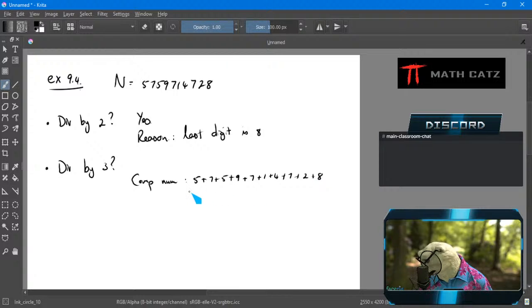I hopefully didn't miss any digit. Add up the digits. What do we get? 12, 17, 26, 33, 34, 38, 45, 47. It looks like 55, if I did that right. And therefore, it is an unfortunate no, because 3 doesn't divide into 55.